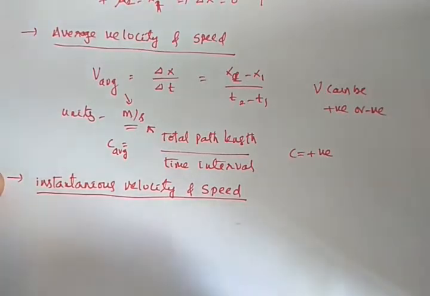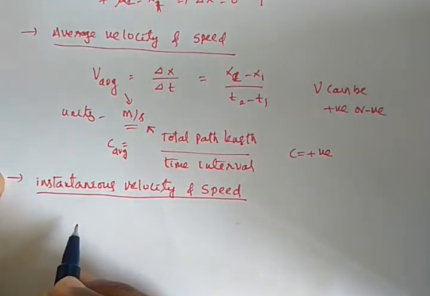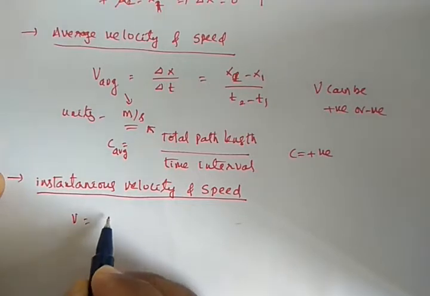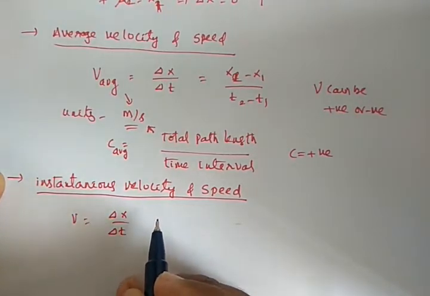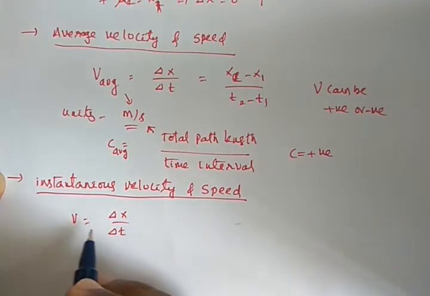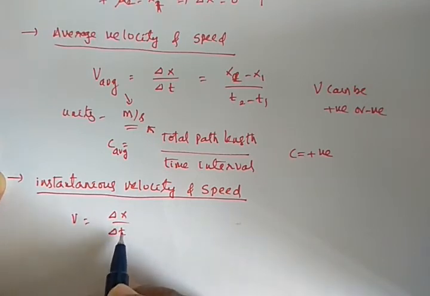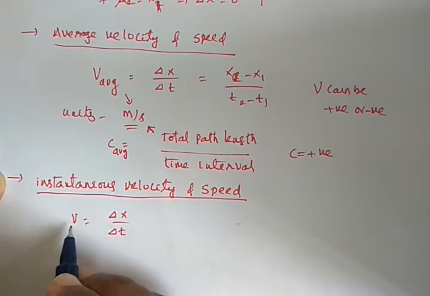So instantaneous velocity is also like an average velocity, V equals delta x by delta t, but there is a limitation here. This is the average velocity of the body, and as delta t tends to 0, you get instantaneous velocity.